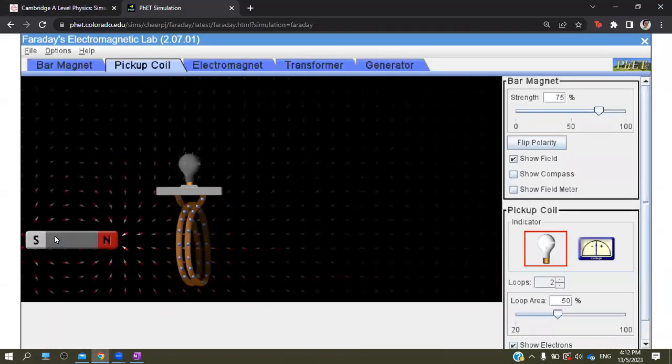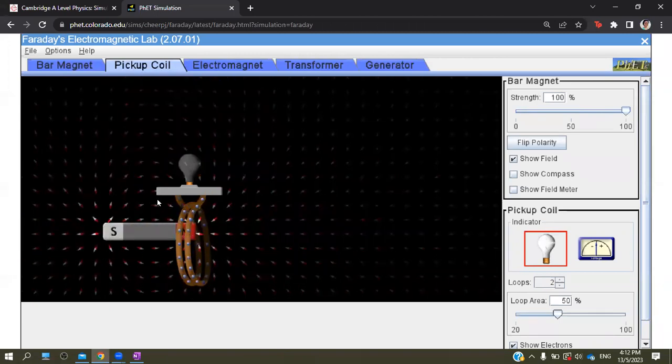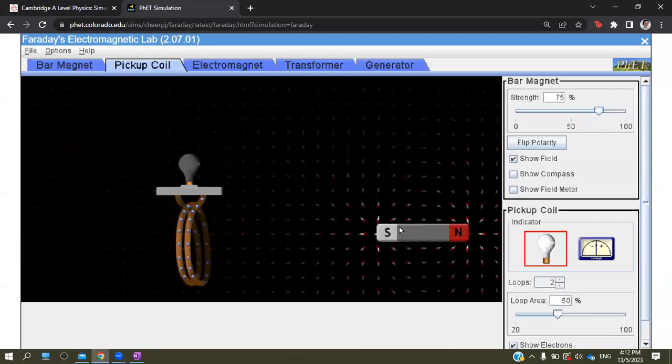You realize that if I increase the magnet bar strength to 100%, this is so much brighter. So I can make the magnet stronger. Or let's say I go back to 75, and instead of making the magnet stronger, I can move the magnet bar faster.